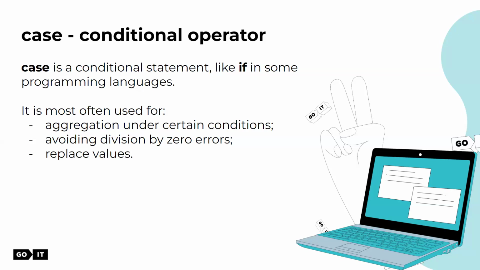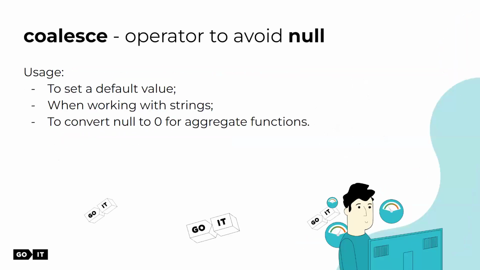will return another value. So it is most often used for aggregation under certain conditions, avoiding division by zero errors, and to replace values. And also we have the COALESCE operator, which is used to avoid a null value.